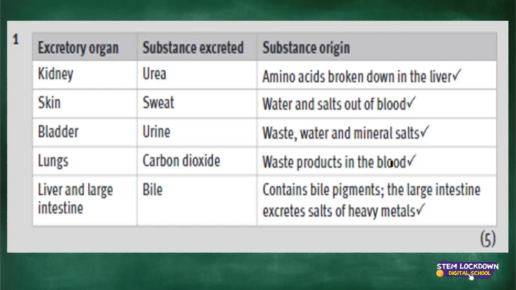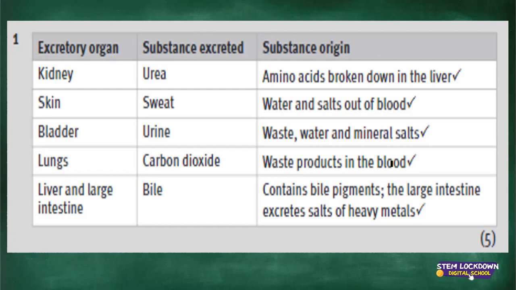And then excretory organ, the last one here, is the liver and the large intestine, which excretes a substance called bile. And then where does the bile originate from? It contains bile pigments. The large intestine excretes salts of heavy metals.